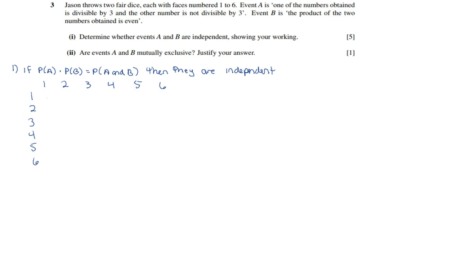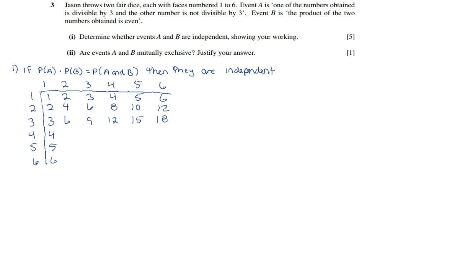In this case, they're talking about a product of the 2, and the other one we can tell by just looking at the 2 dice. So we're going to put the products of the 2 in the middle here. All we have to do is multiply the different combinations and fill that in on the table. And then once we've got that, we're going to find out how many even ones there are.